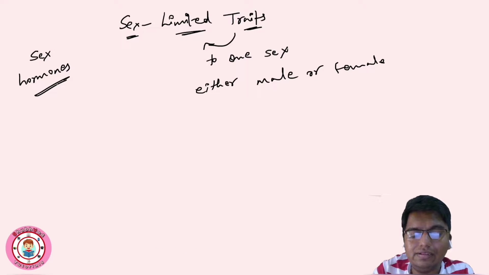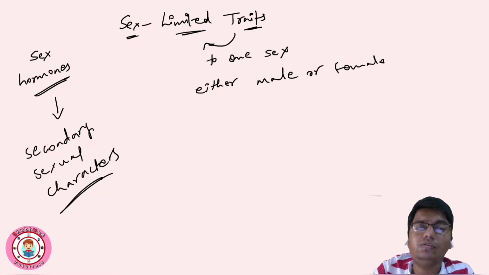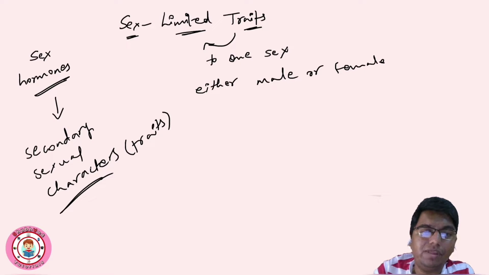So these are controlling the secondary sexual characters. We know this. So these characters or traits, we can say these are limited.